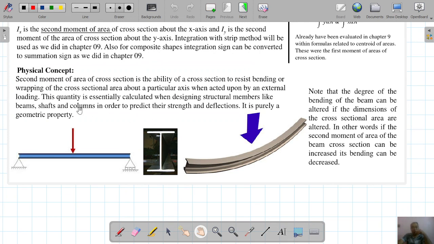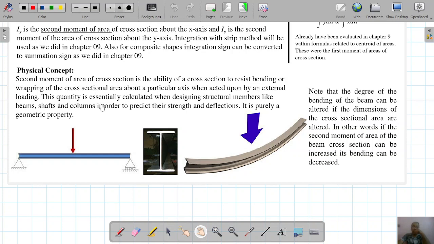Okay, so this quantity matters whether we are taking an I-section beam, as here, or a rectangular beam. It is a very important quantity, because it has to be designed very accurately. Otherwise your structure can fail, resulting in catastrophic failure, and human lives could be lost if it is not accurately designed or calculated.